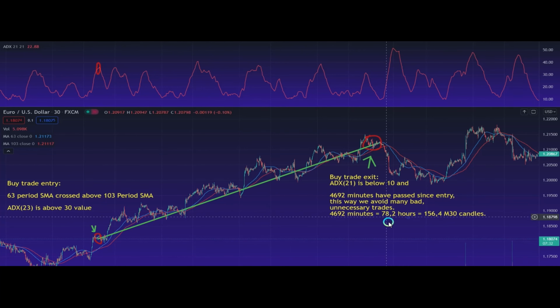approximately this many hours, and I calculated it for you to just know, this many candles on the 30-minute chart that we are using have to pass since the entry until you can close the trade if this condition happens.